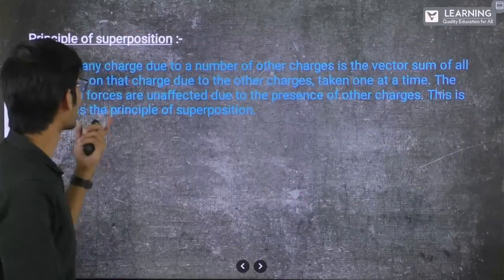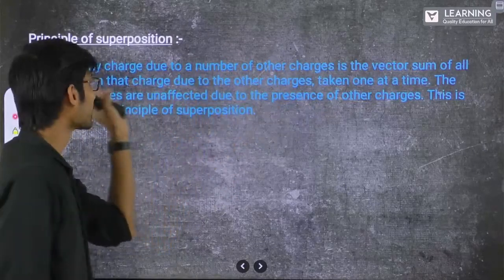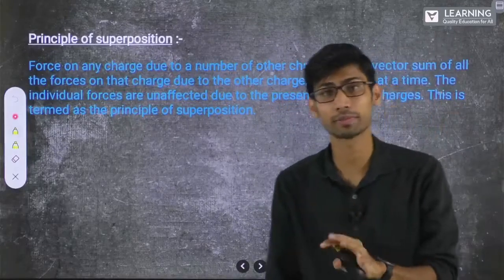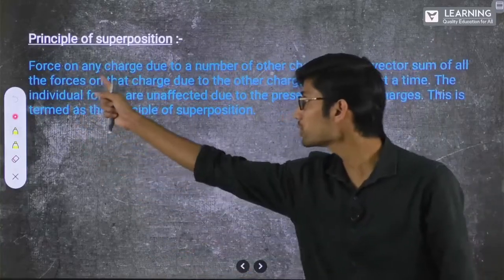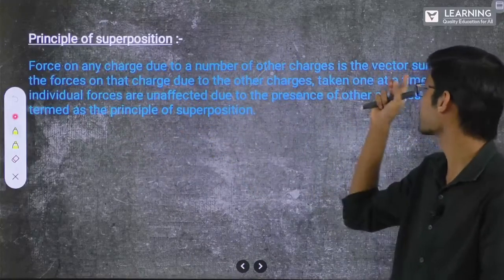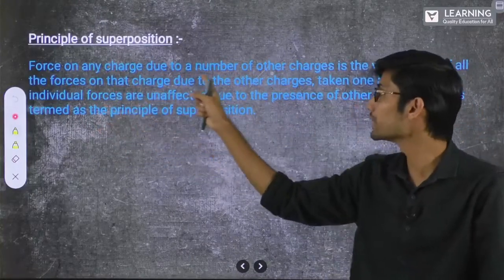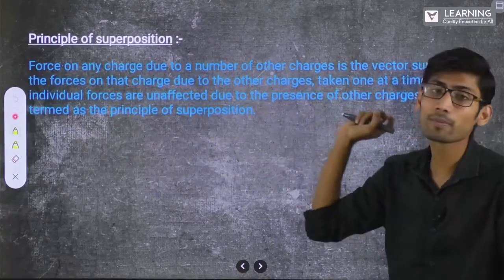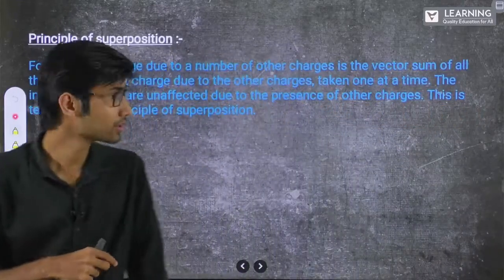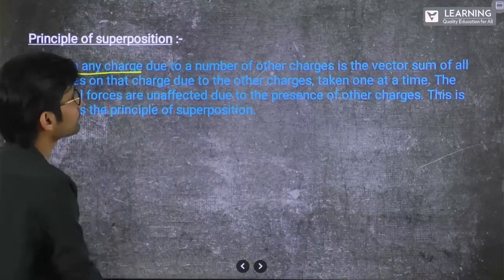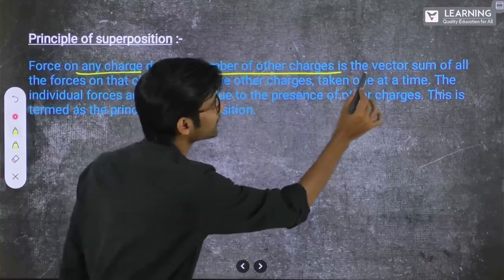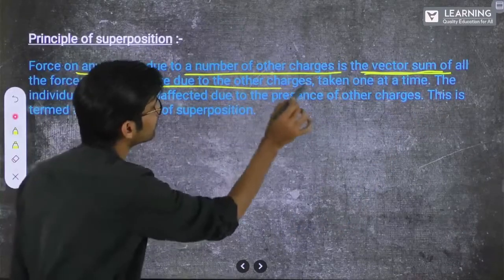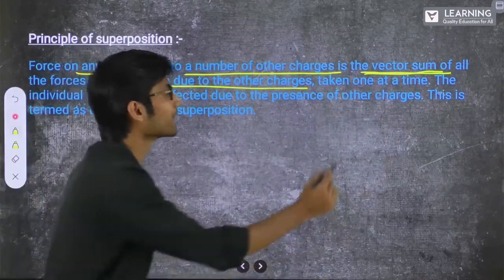So now, note down this from the board's point of view, this definition is important. In JEE, no one will ask you this definition. They will ask the concept, questions based on the concept. But the definition: force on any charge due to a number of other charges is the vector sum of all the forces on that charge due to the other charges, taken one at a time.